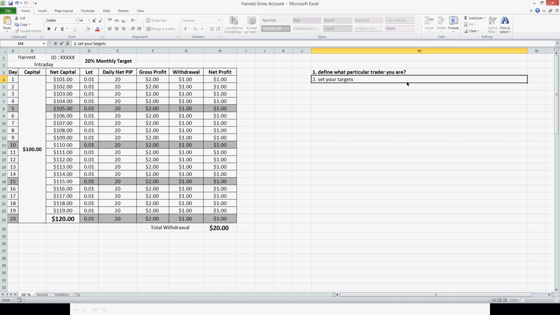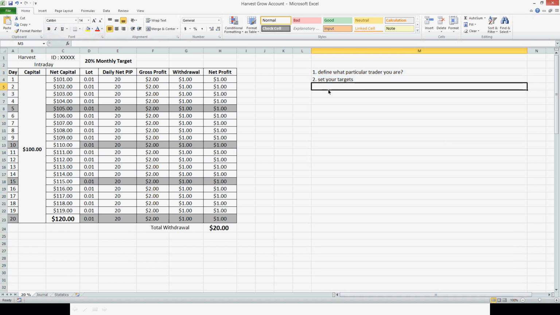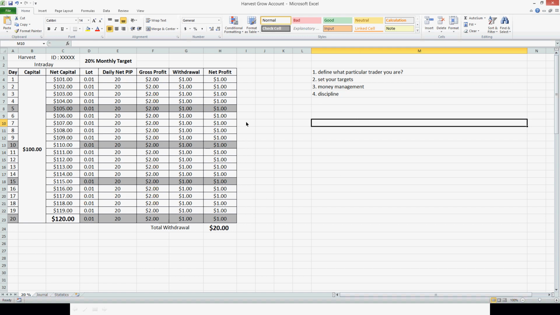Because if you're a scalper like me, I would usually go for 10 to 20 pips on a daily basis. Okay, so this is just my plan on a daily basis. So when you have already planned out, the next thing that you should do is your money management. Okay, so this is all part of the money management. Alright, so I write down over here, and the last one is obviously this important aspect of it.